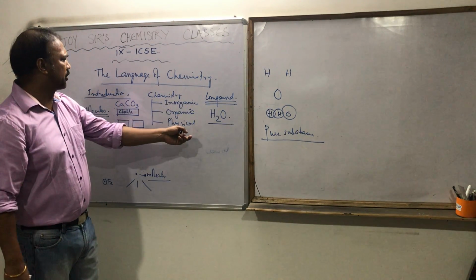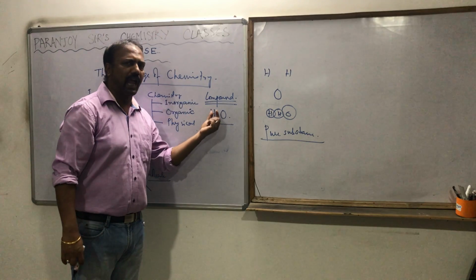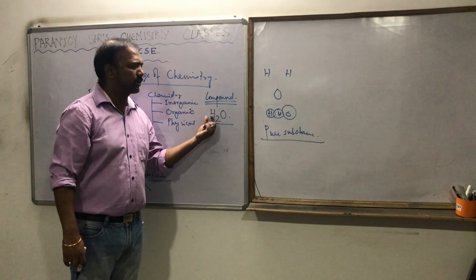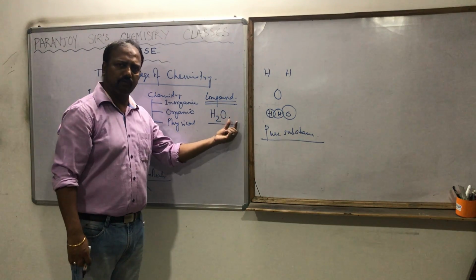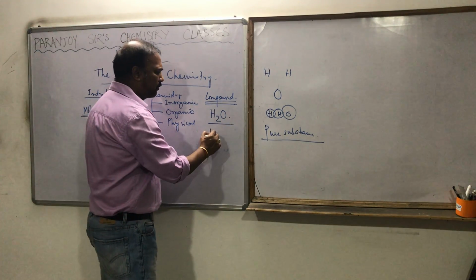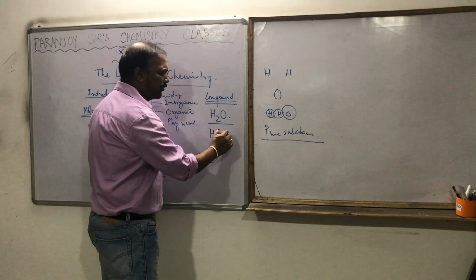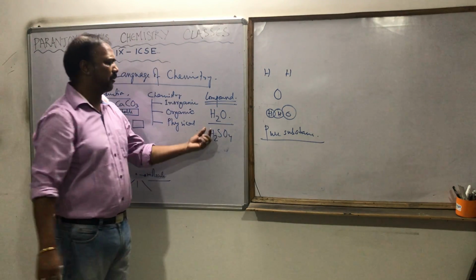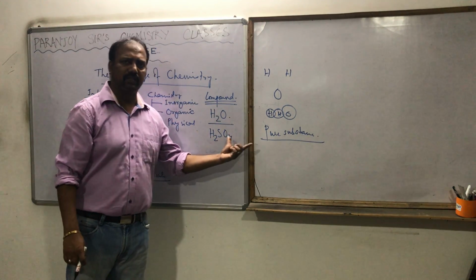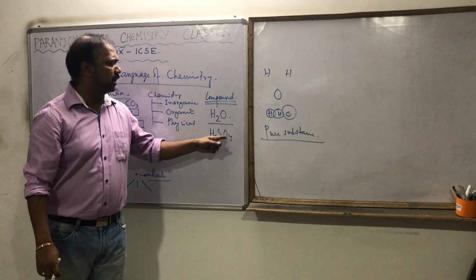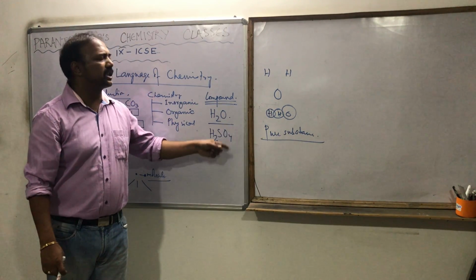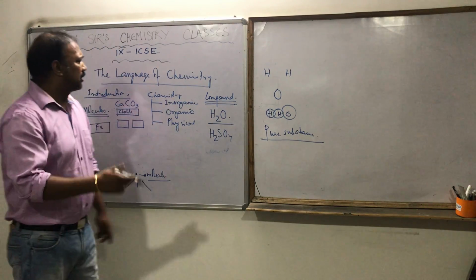Because it is produced from hydrogen and oxygen in a fixed proportion of 2:1. H2SO4, that is sulfuric acid, is produced from hydrogen, sulfur and oxygen, again in a fixed proportion, 2:1:4. So these are compounds.